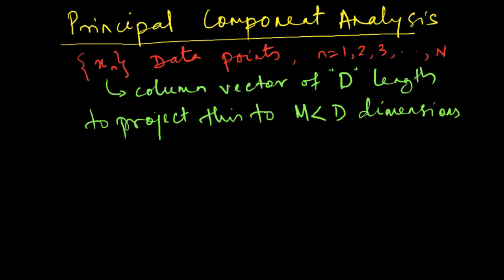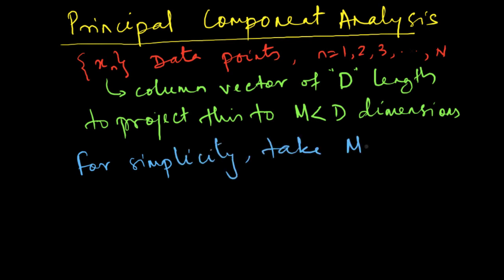Now for the sake of simplicity, let's take m to be 1. We can generalize that to the case of m equal to 2, 3, 4 and so on, but to make the math a little simpler, let's take m equal to 1. So what is our objective?